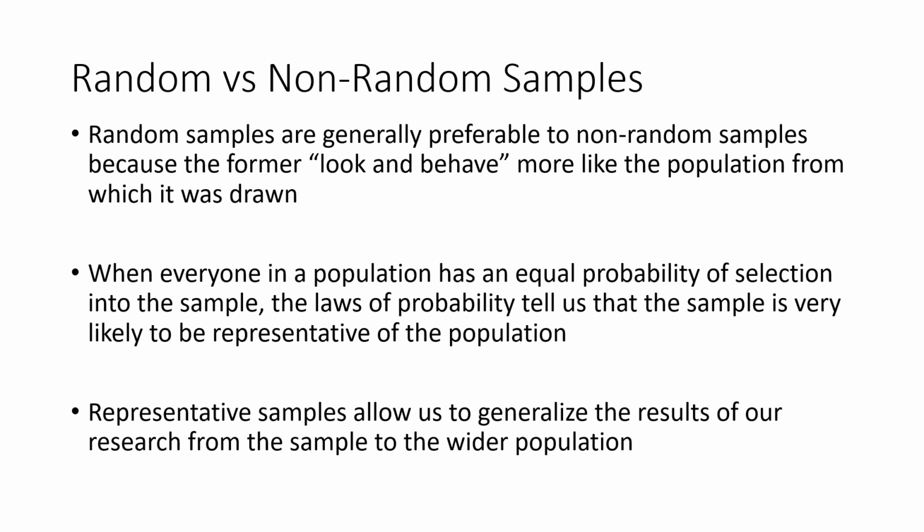So in a non-random sample where everyone doesn't have an equal probability of selection, then we can generally be suspicious of the extent to which our results from the sample generalize to the population. So ultimately, representative samples allow us to generalize our results from the sample to the whole population.